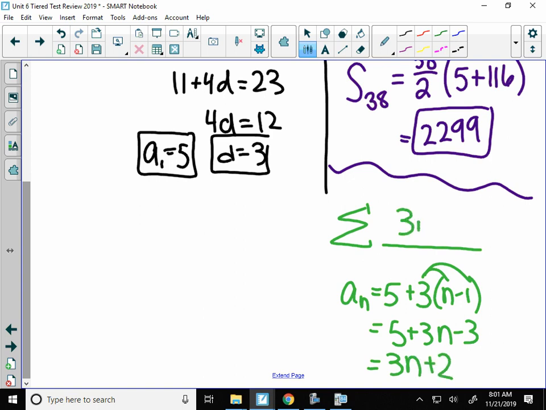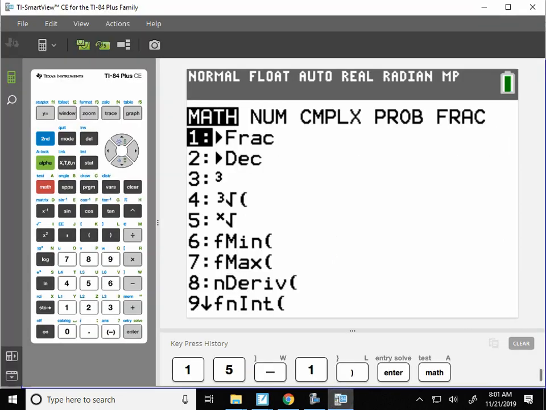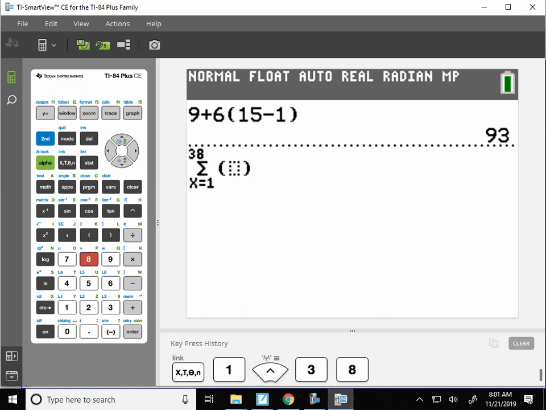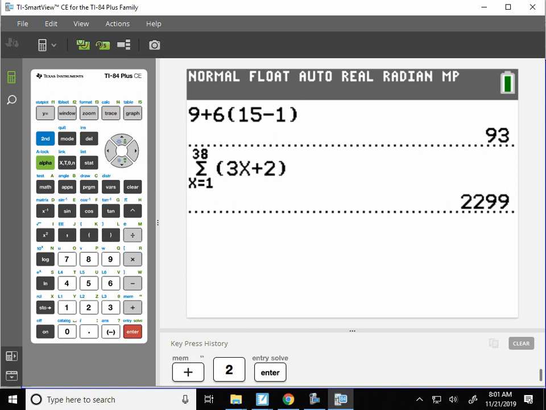And that would go here after my sigma. Then I do know what I'm adding up. I would know that I'm adding from the first term to the 38th term. And then I can type that into my calculator, math 0, from term 1 to 38 of 3x plus 2. And I get the same answer.